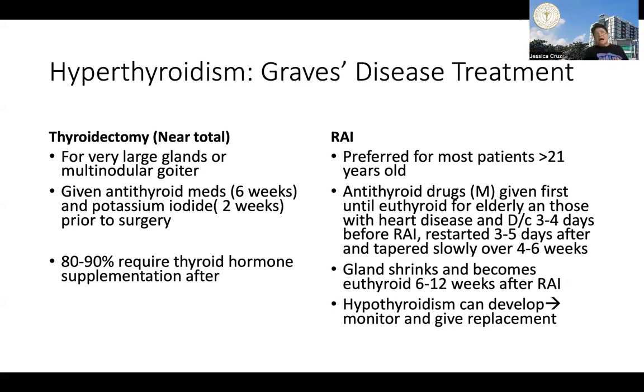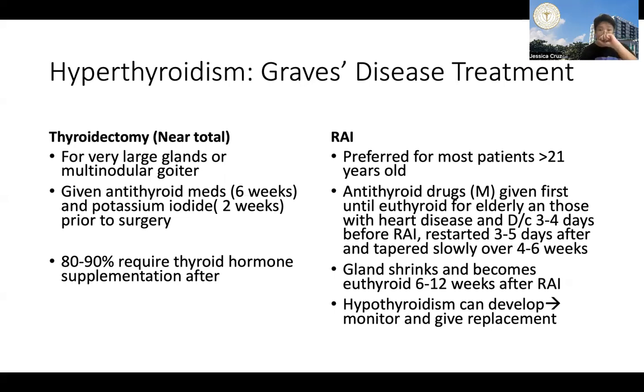Kasi pag nag-RAI ka, as the gland gets destroyed, there's also release of thyroid hormones into the general circulation. Kasi nasisira yung thyroid cells mo, so nagre-release ng thyroid hormones, and this can induce hyperthyroid symptoms.